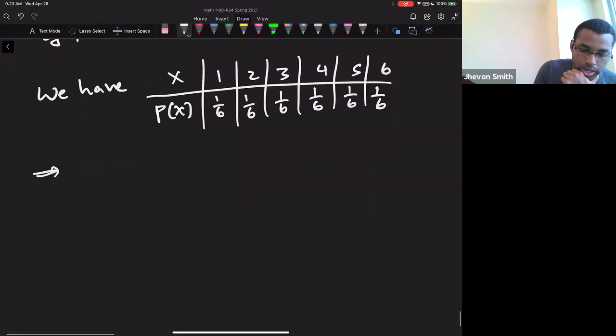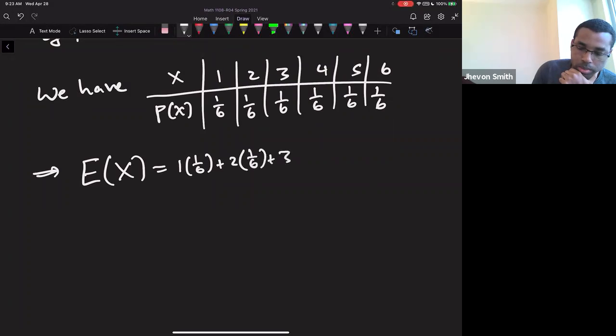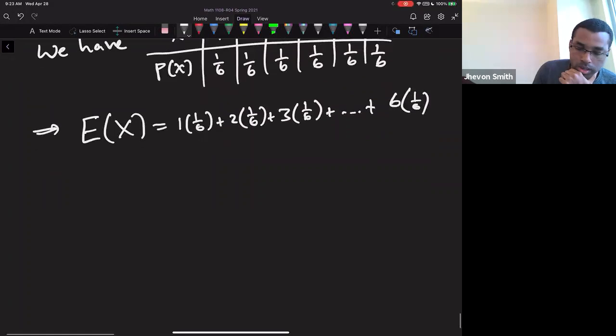This means the expected value is just going to be 1 times 1/6, plus 2 times 1/6, plus 3 times 1/6, all the way to 6 times 1/6. So it's going to be 1/6 times 1 plus 2 plus 3 plus 4 plus 5 plus 6.